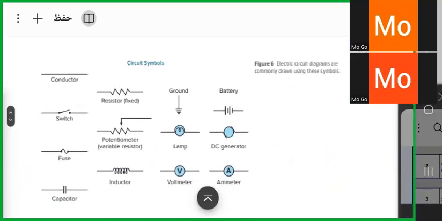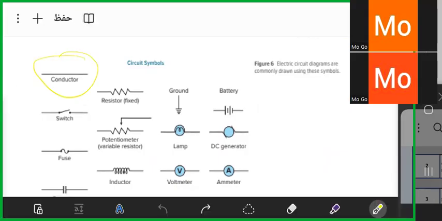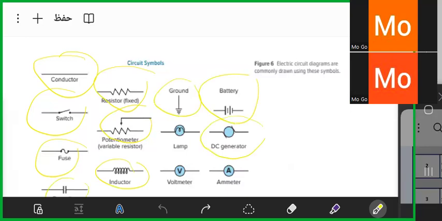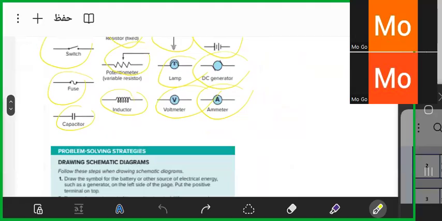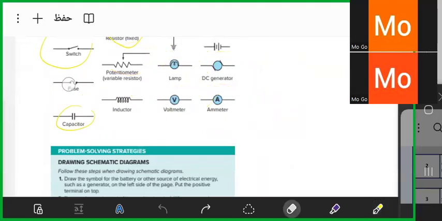So we have shapes, okay? That first one. So maybe we had mentioned this before, the difference between the circuit symbols. So we have conductor, resistor, switch, and potentiometer, fuse, and the ground, battery, DC, lamp, ammeter, voltmeter. So we have different types here, capacitor, inductor. So all of them are used if you need to draw.